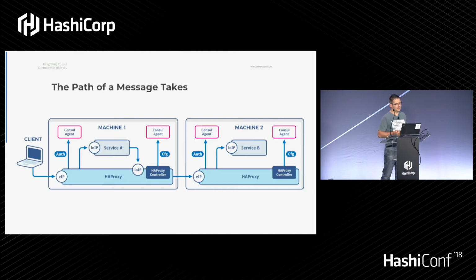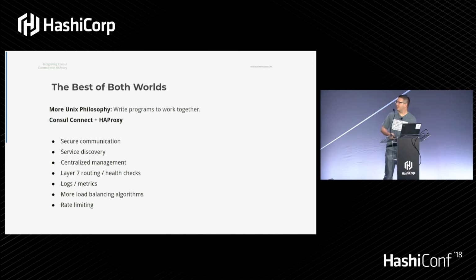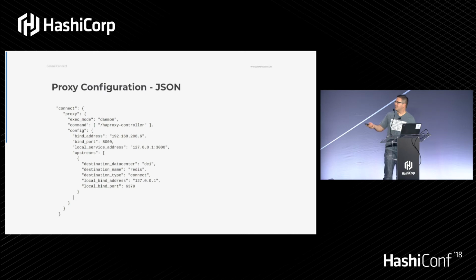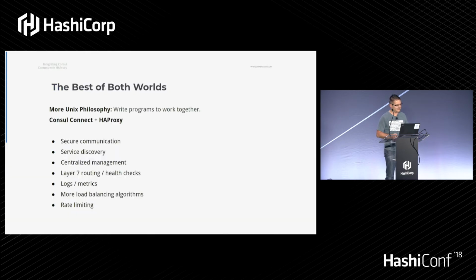And that Go binary will be what I call the controller here. Maybe you remember the JSON file was configured to call a daemon whose name is HAProxy controller. And of course, Consul won't manage HAProxy. Consul will manage the controller, and the controller will manage HAProxy itself.